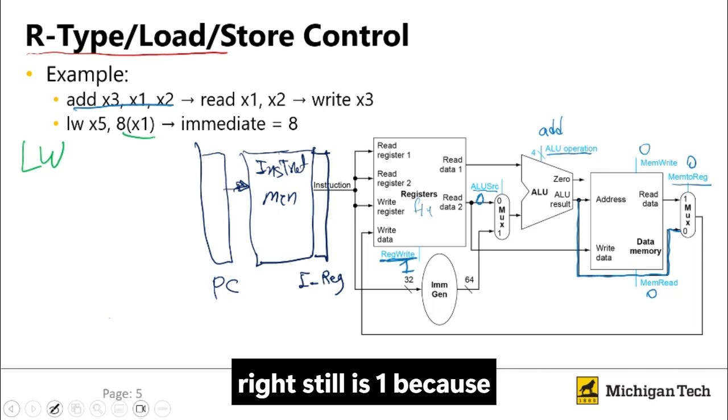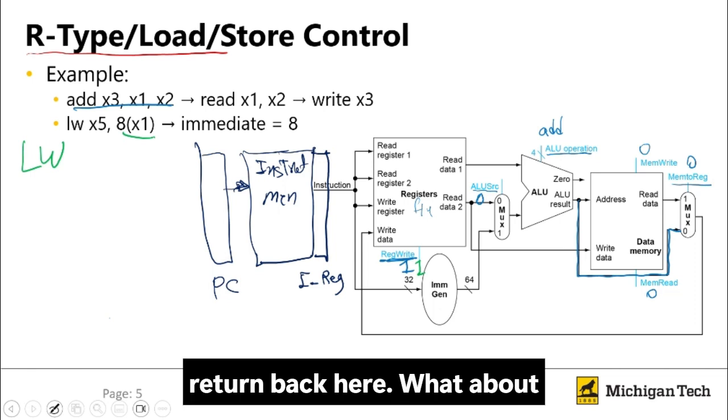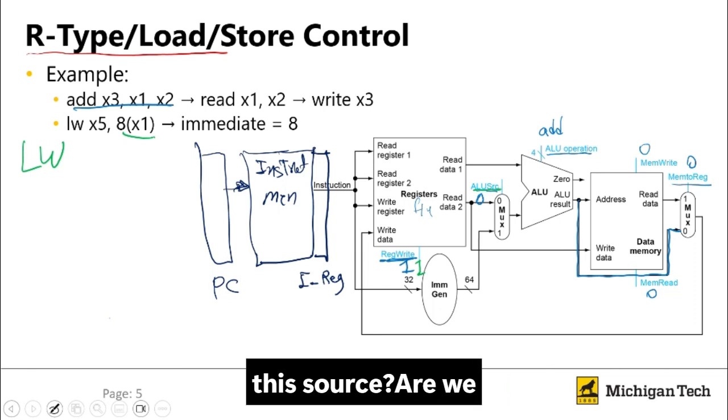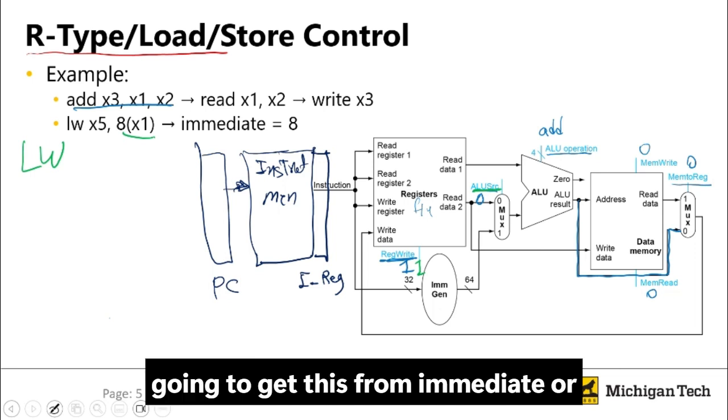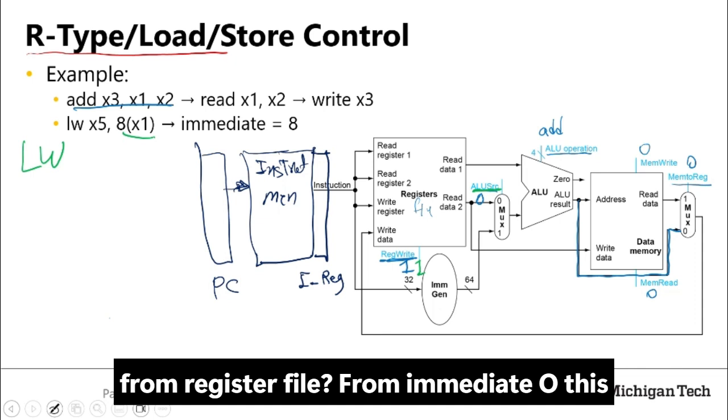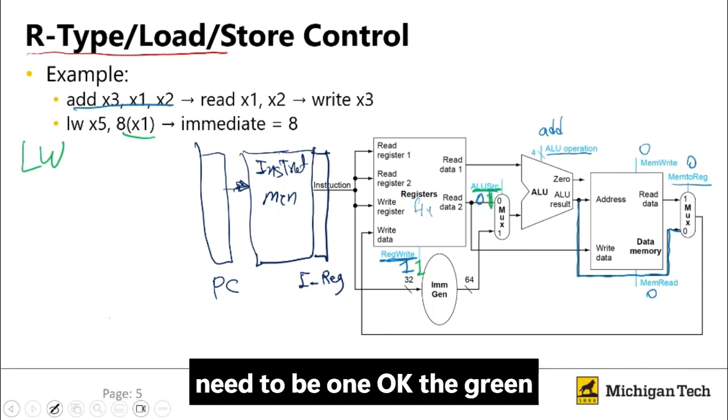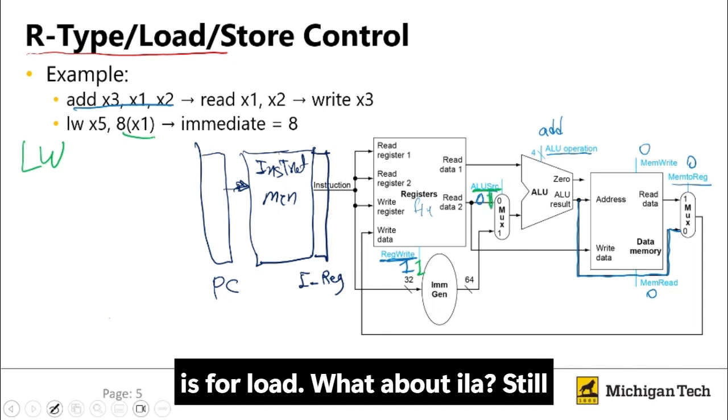So register write still is 1 because we need to put the result back here. What about this source? Are we going to get this from the immediate or from register 5? From the immediate. So this needs to be 1. Okay, the green is for load.